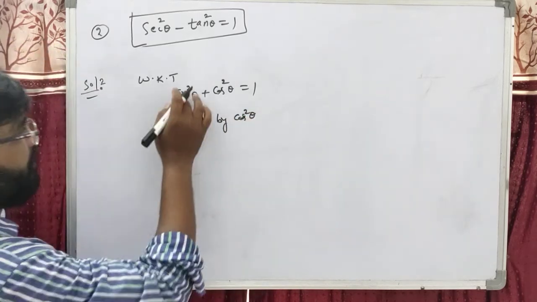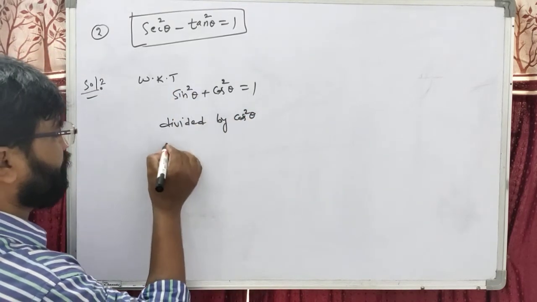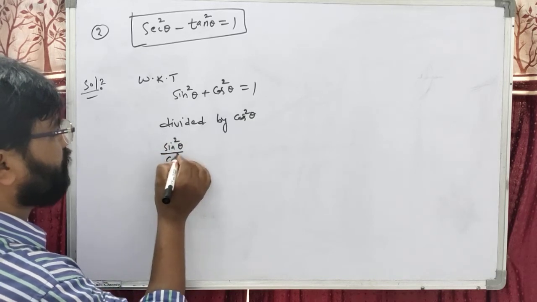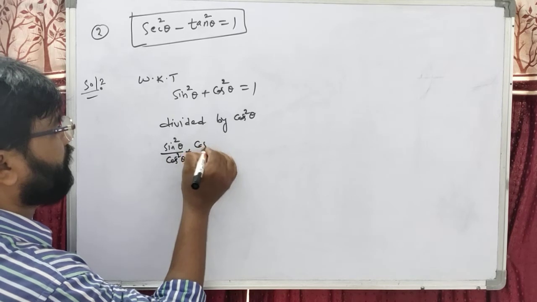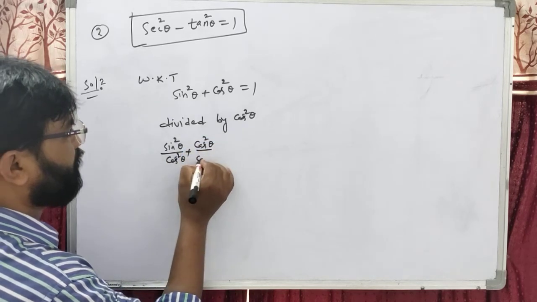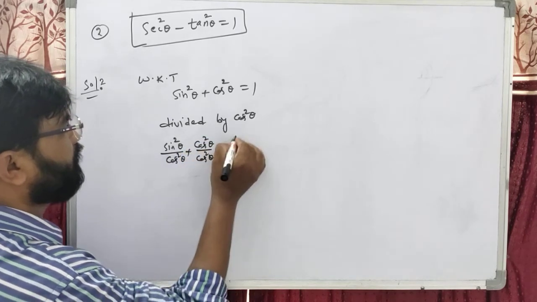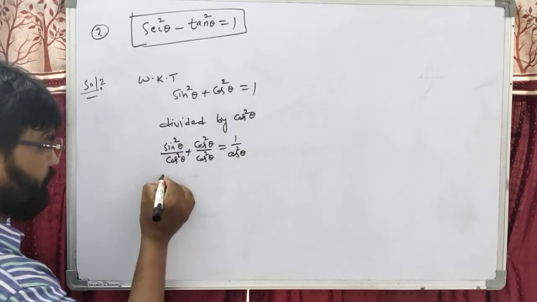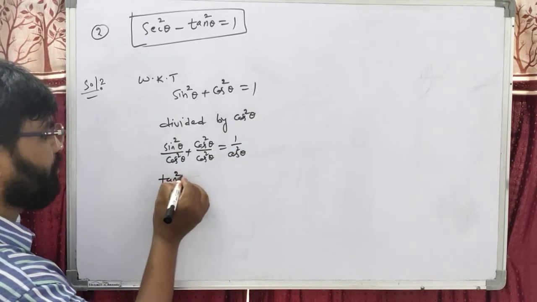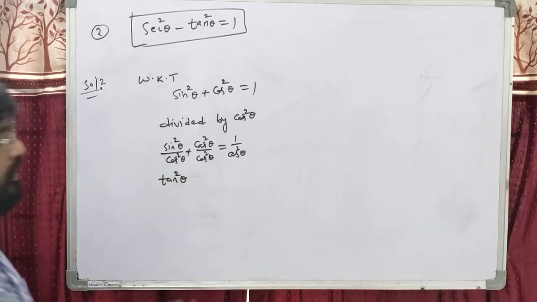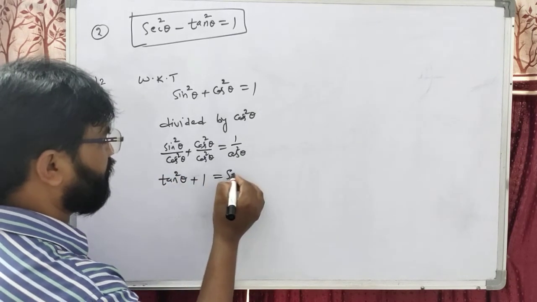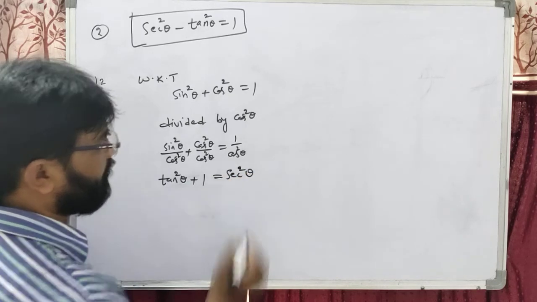First you can write sin square theta by cos square theta. After that, cos square theta by cos square theta, and on the right side 1 by cos square theta. Dear students, sin square by cos square, we know that is tan square theta. Cos square by cos square theta is 1. Reciprocal of cos is secant, so 1 by cos square theta is secant square theta.